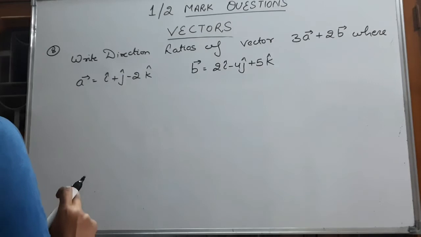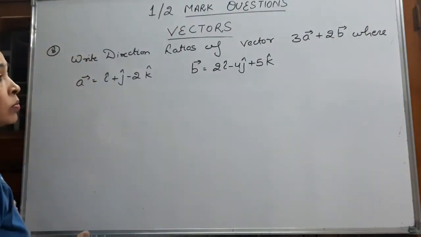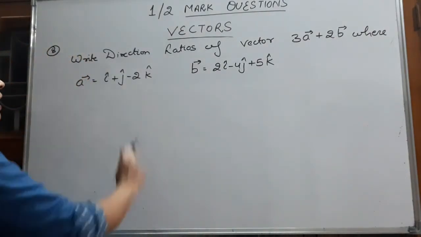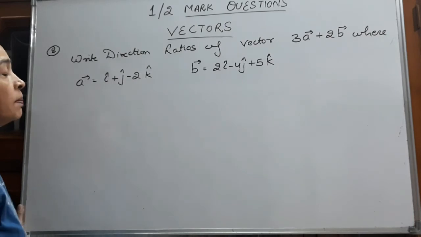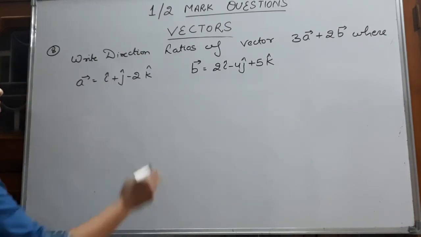Write direction ratios of vector 3A plus 2B, where vector A is I plus j minus 2k and vector B is 2i minus 4j plus 5k.